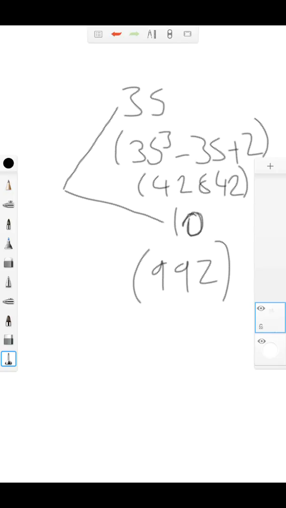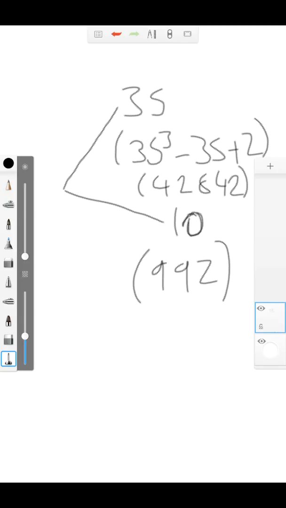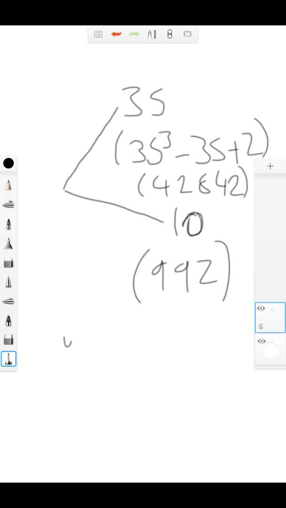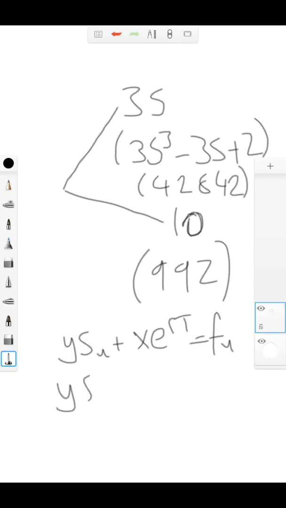So what you want to start off by doing to get this approach done is figure out that the general equations are y times S up plus x e^(rt) is equal to f up, and y times S down plus x e^(rt) equals f down.